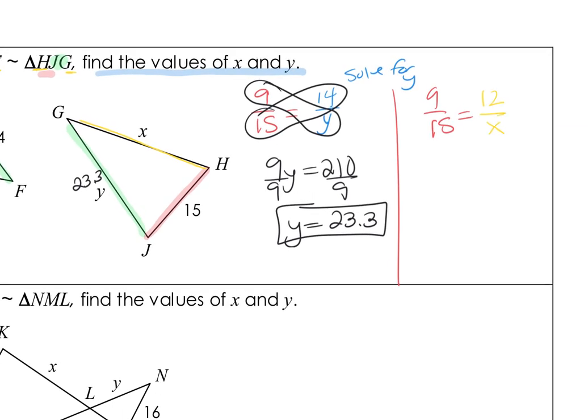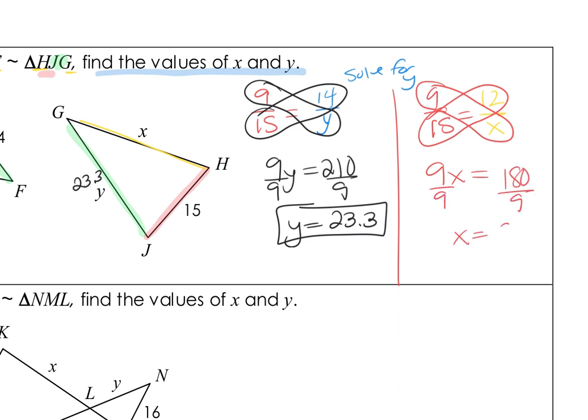That's going to be my other proportion. We have to set up two separate proportions because we're solving for two variables. Cross multiplication. 9 times x is 9x. Other diagonal, 15 times 12 is 180. We solve. Divide by 9. I get x is 20.